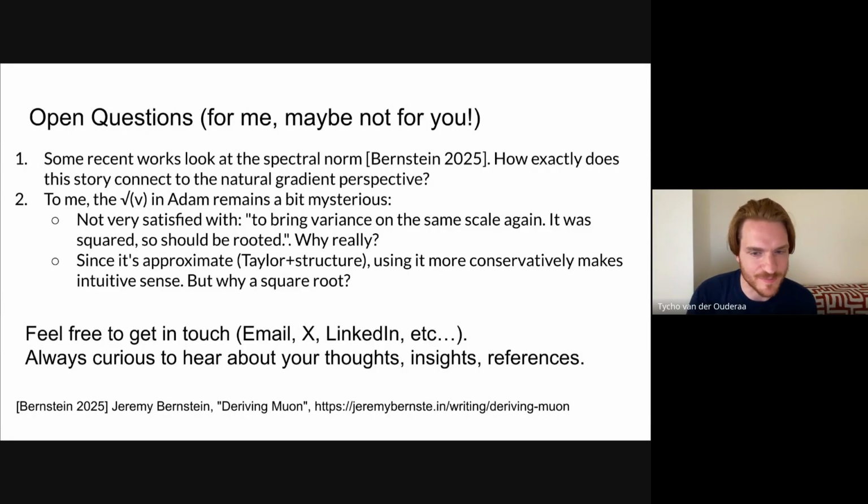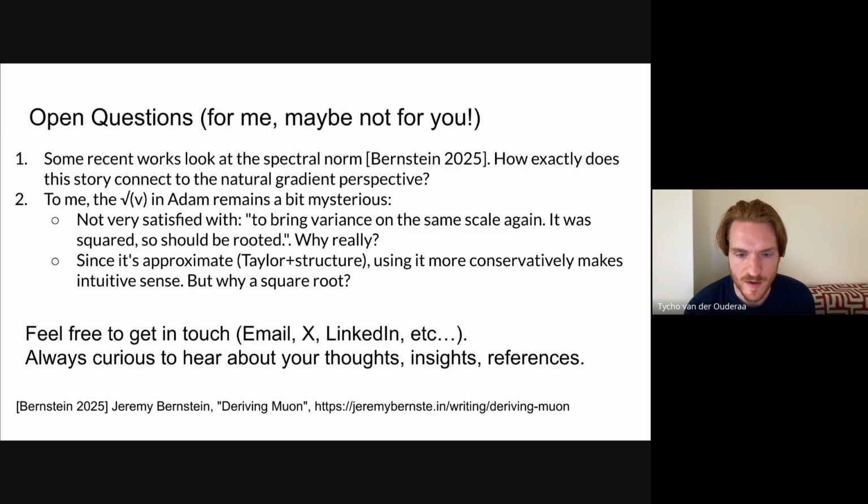I would love to have a deeper understanding. My current way of thinking of it is that we do all these approximations, and it's based on this local Taylor expansion. And maybe you are just a bit more conservative, so there's some intuition behind it. But still, why square root? And maybe there's a deeper reason, which would be interesting.